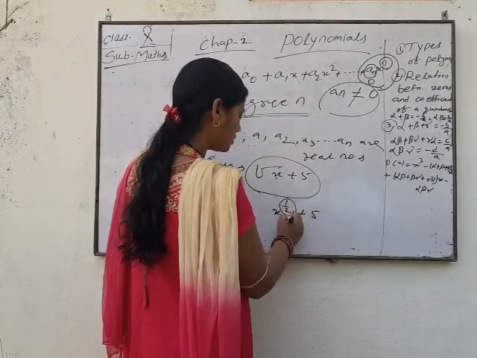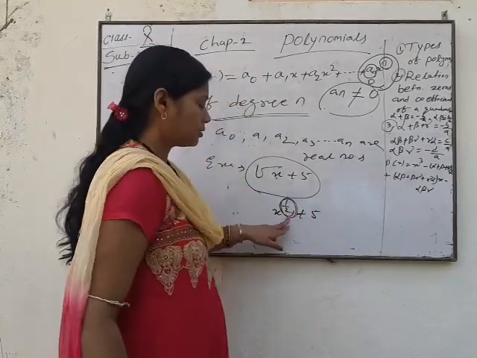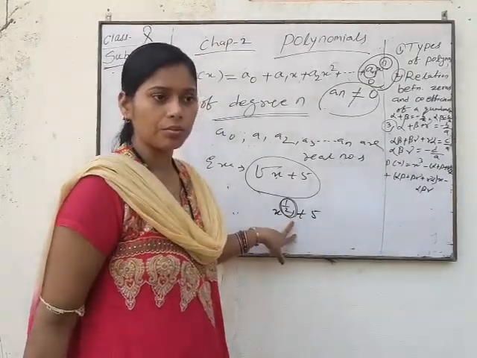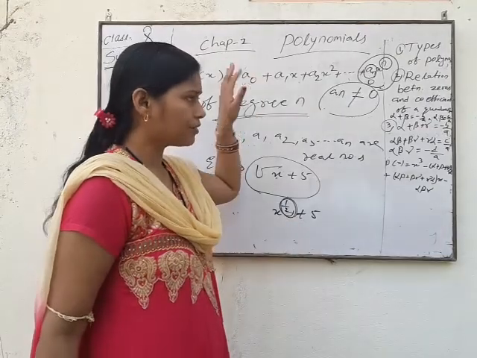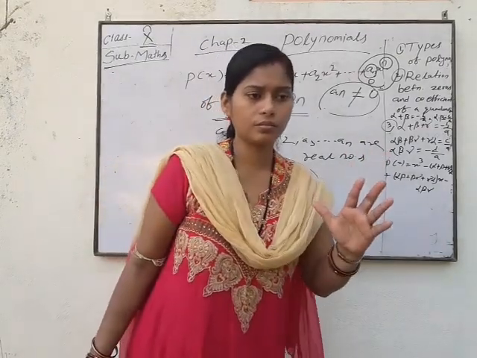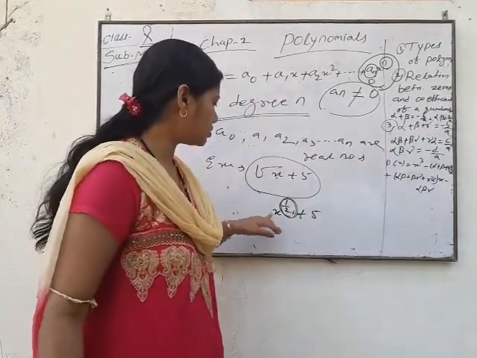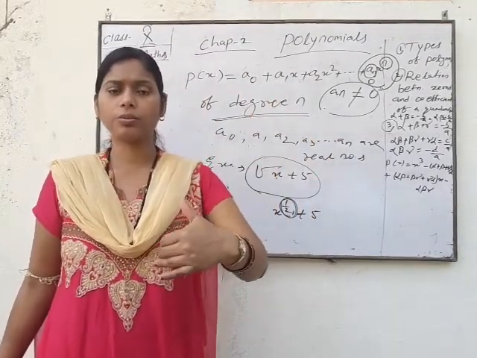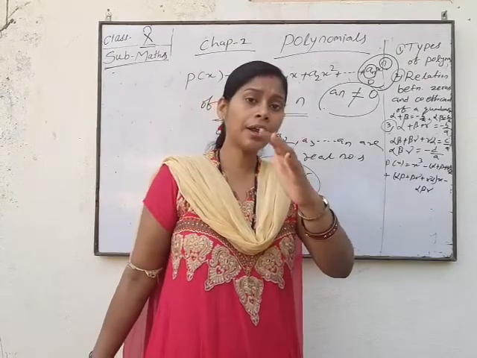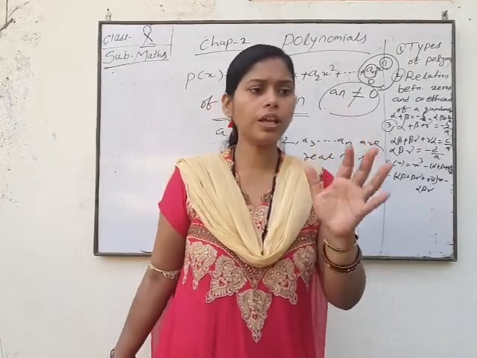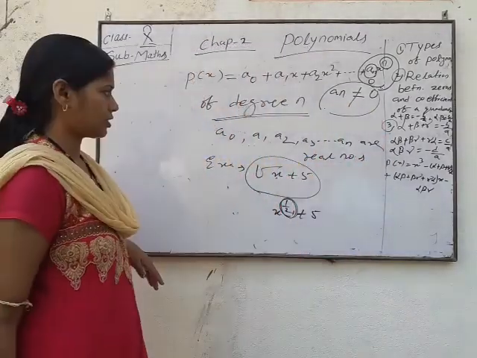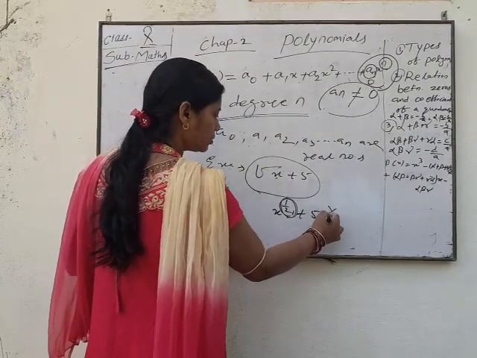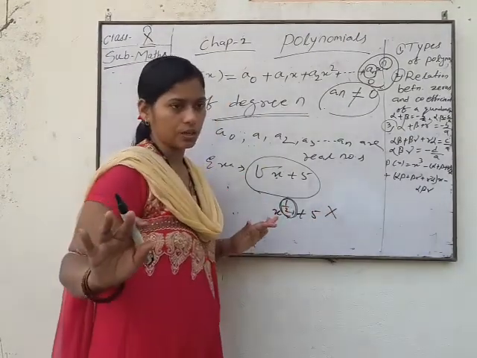This power is a fraction, a rational number. But according to our definition, the degree of the variable must be a non-negative integer, only whole numbers. So this is not a polynomial.